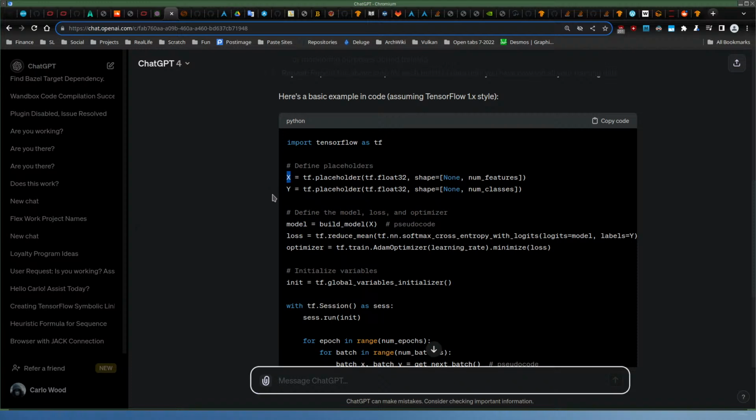This inputs. I think this is the target.